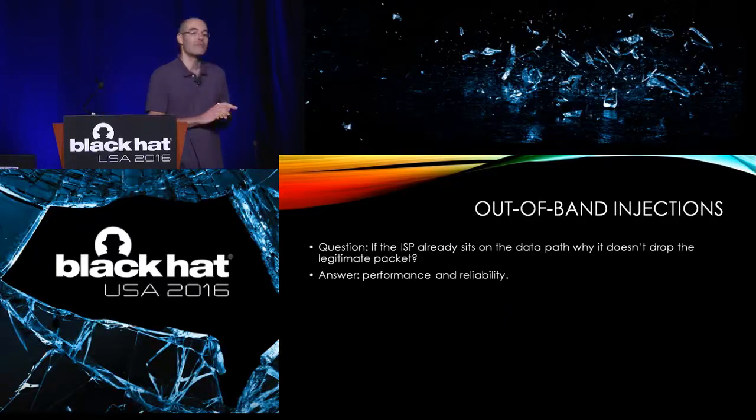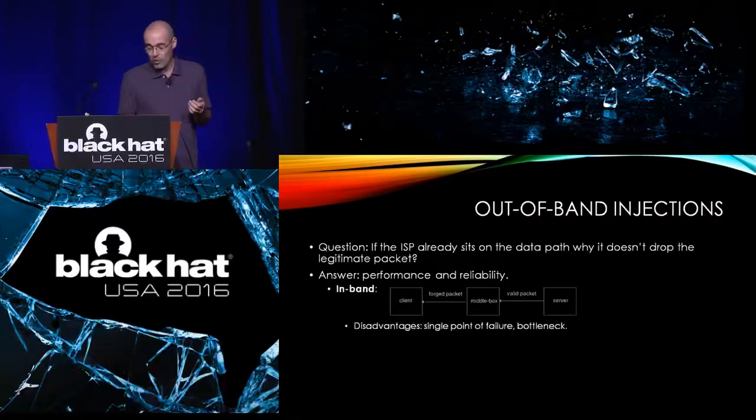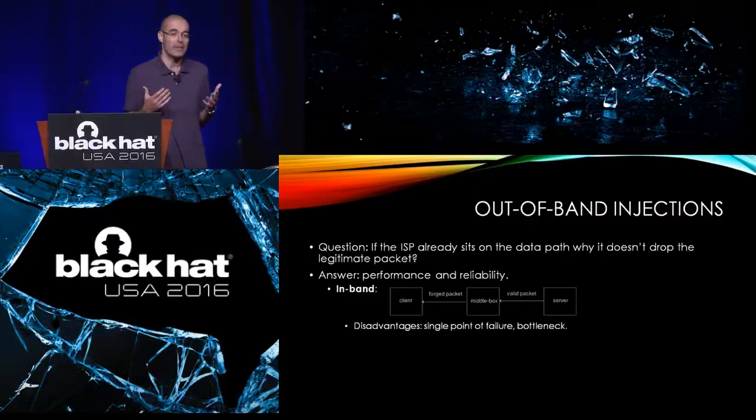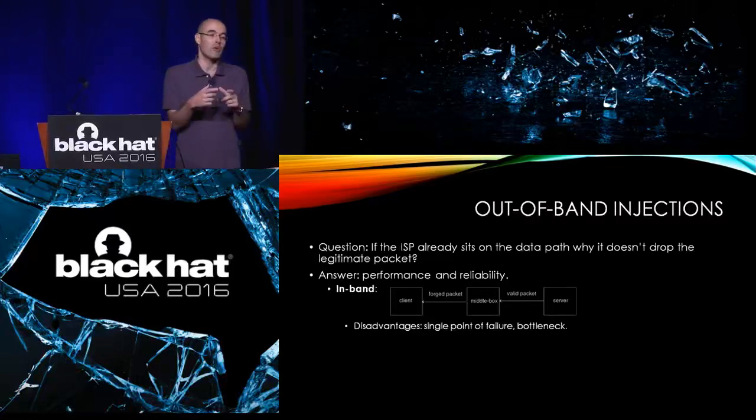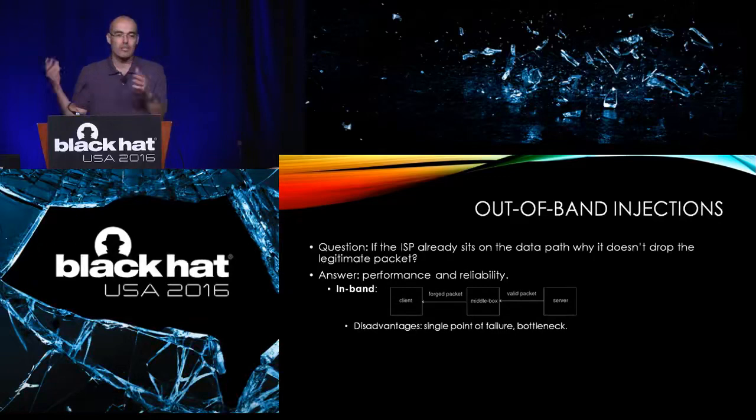Most of the injections we have found are done by network operators. And for a network operator to drop a packet, it needs to deploy a middle box that has some kind of logic that decides which packet to pass and which packet to drop. It doesn't have to be a separate middle box, it could be additional logic in an existing middle box.